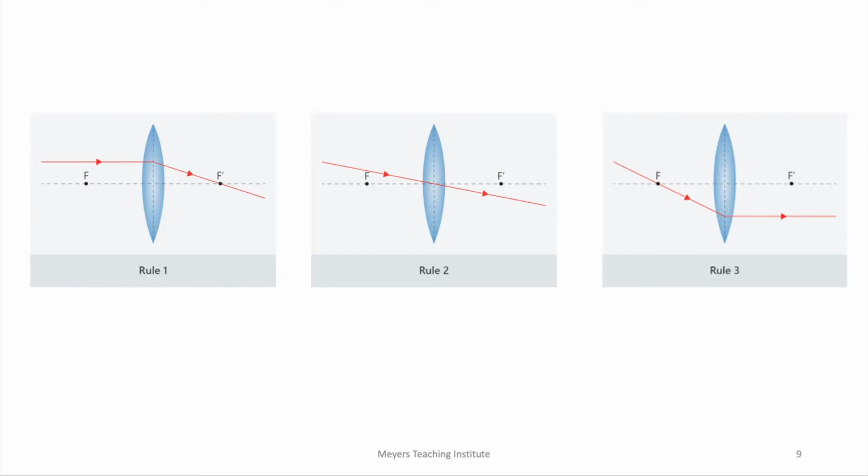That's rule number three. And in rule number two, when the incident ray passes through the optical center of the lens, it passes without changing direction. Keeping these three rules into account, we will be studying our main ray diagrams in this video presentation.